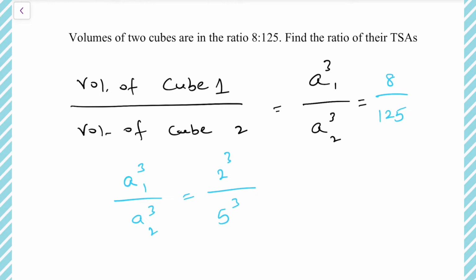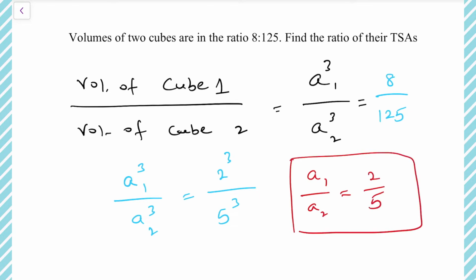So a1 cube by a2 cube equals 2 cube by 5 cube, then what will be a1 by a2? a1 by a2 will be equal to 2 by 5, simply removing the cubes.